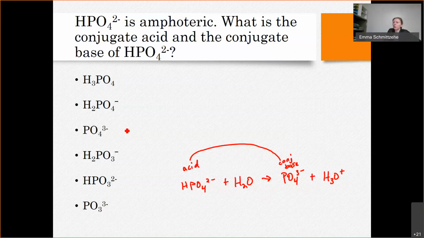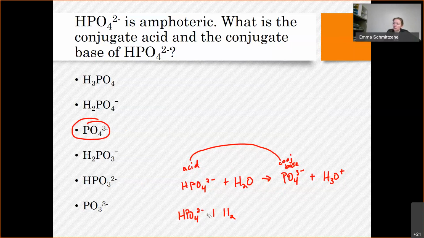And so PO4 3 minus is one of my answers. That's the conjugate base. And then if I think about it the other way, where I have HPO4 2 minus, and let's again just react it with water.